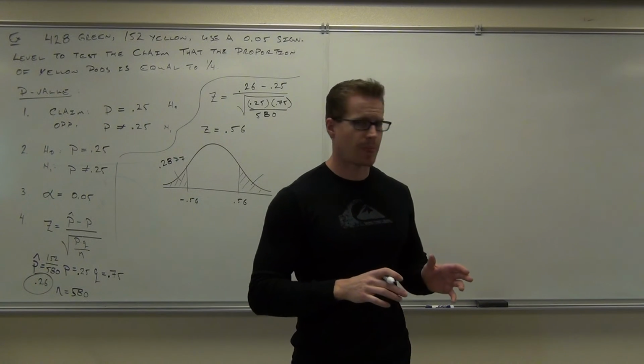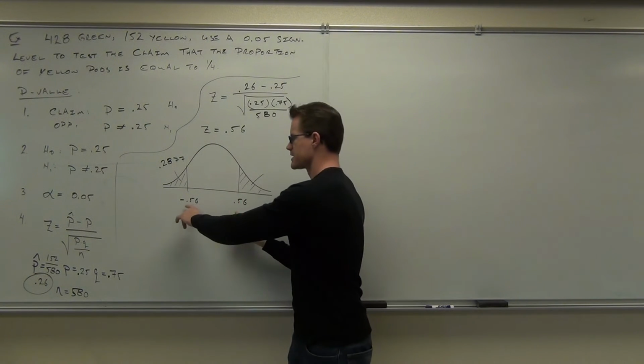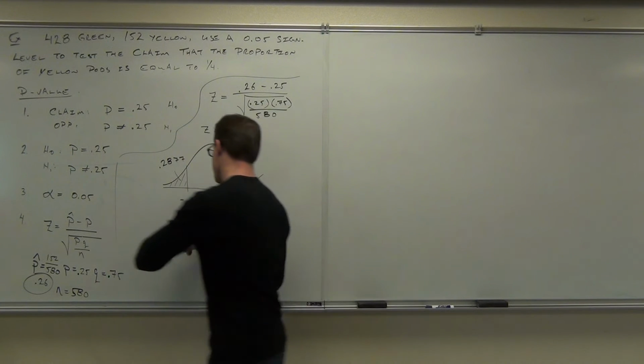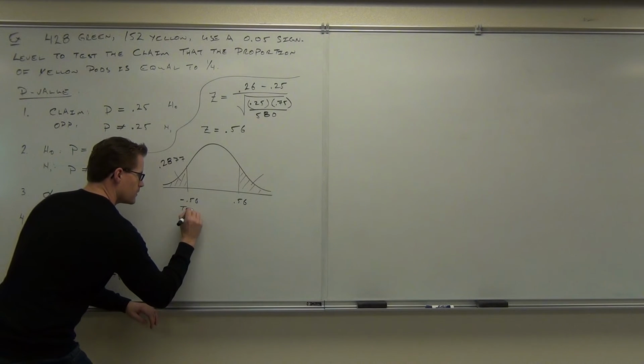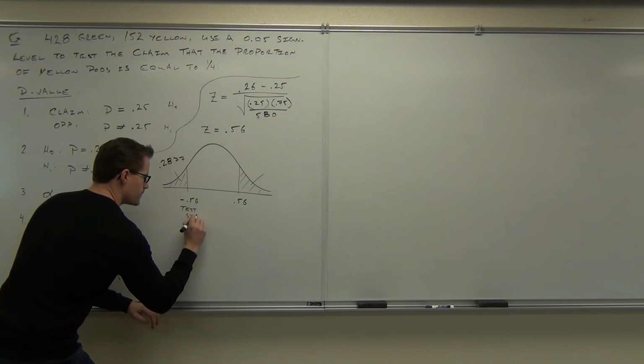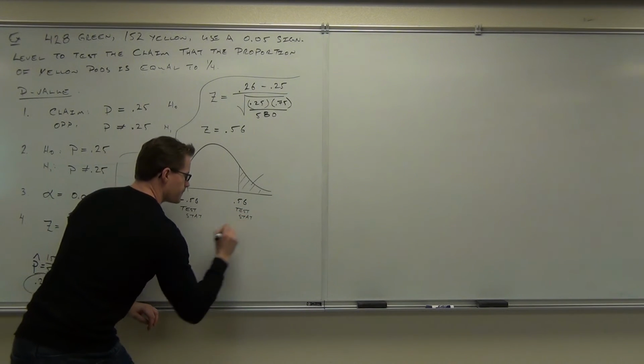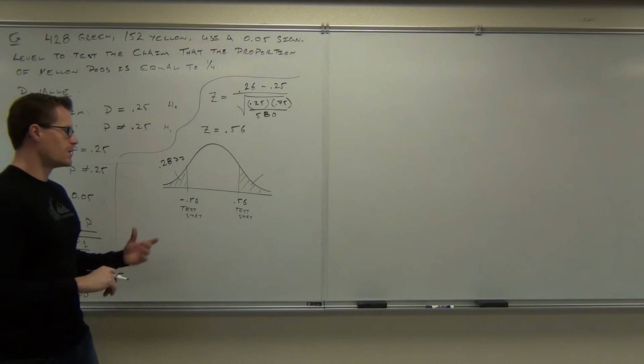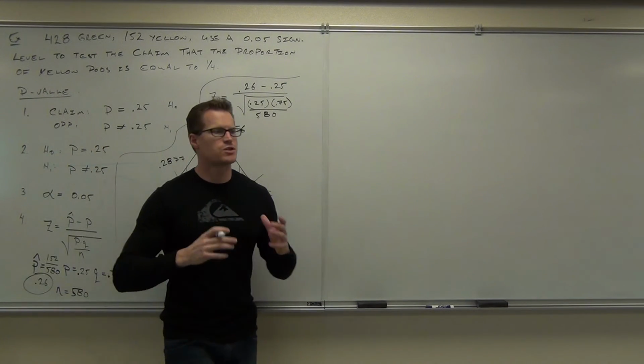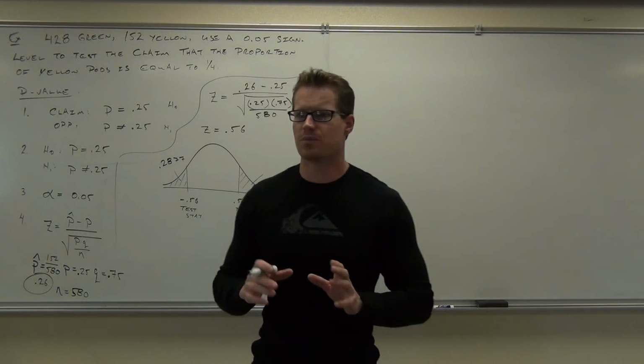So this is our test statistic right here, our Z test statistic. The reason why we have two of them right now is because we have a two-tailed test. That's what we have to do with the p-value method.